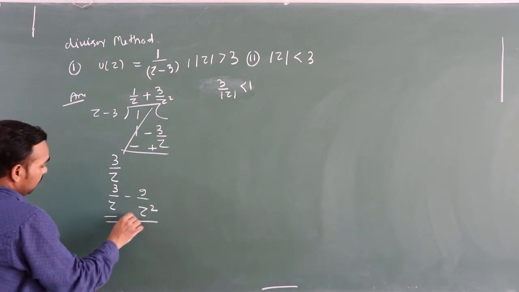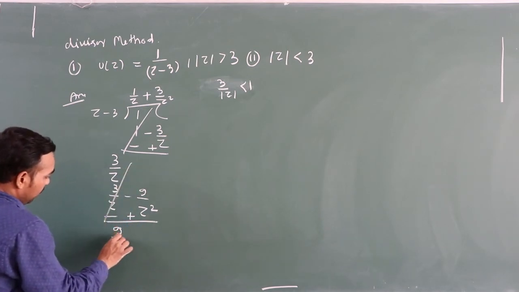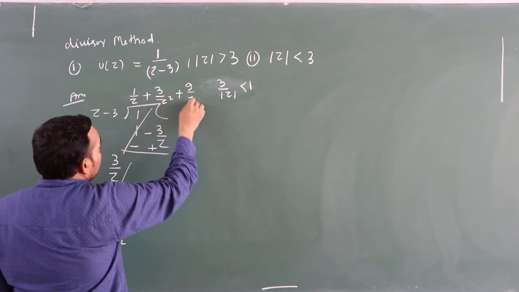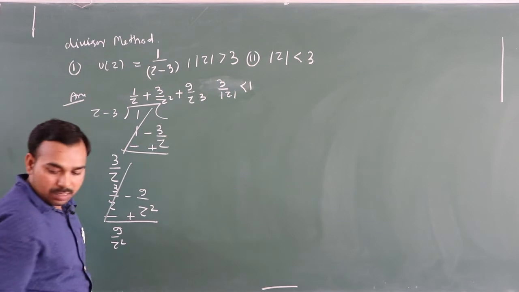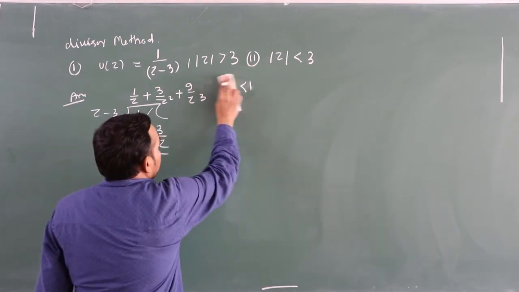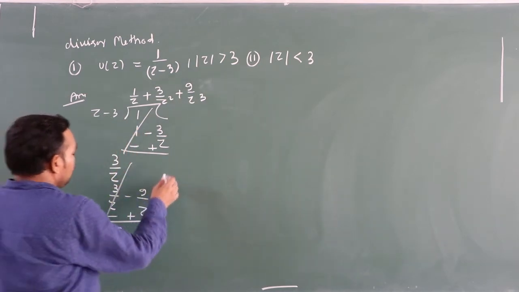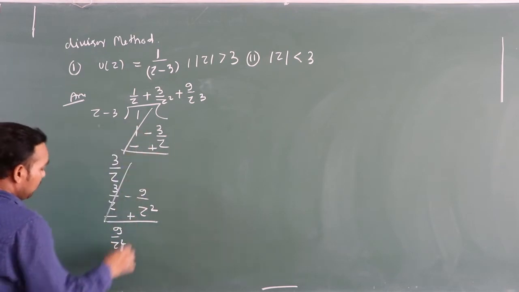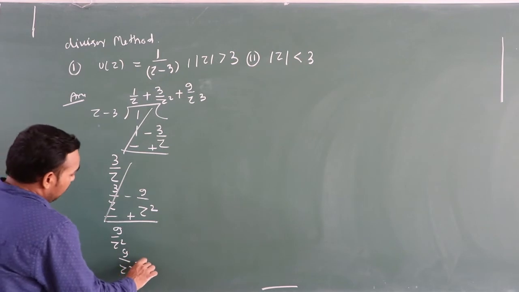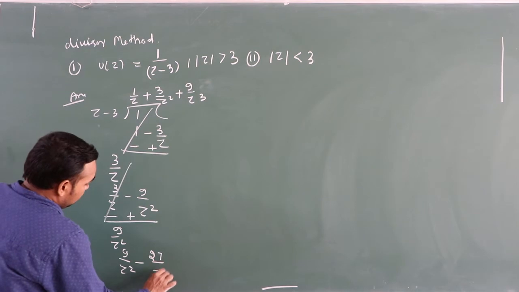Again subtracting, we get 9 upon Z square, then plus 9 upon Z cube. Multiplying 9 upon Z cube, we get 9 upon Z square minus 27 upon Z cube.